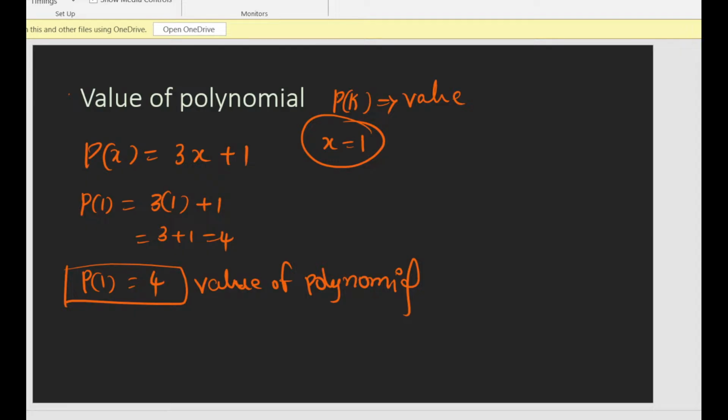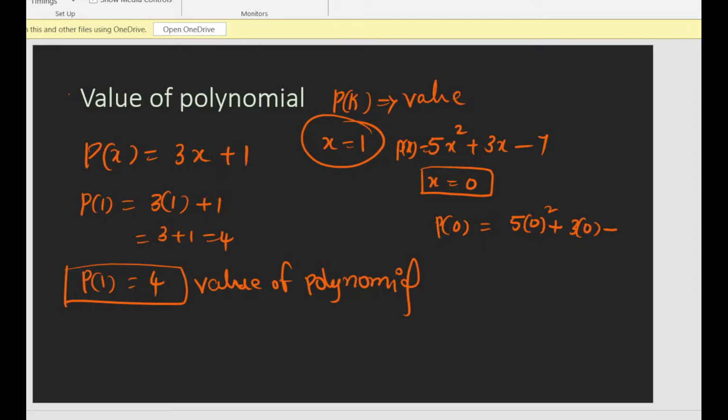Okay, for example, I am taking p of x is equal to 5x square plus 3x minus 7. If x I am taking 0, then p of 0 is equal to 5 into 0 square plus 3 into 0 minus 7.